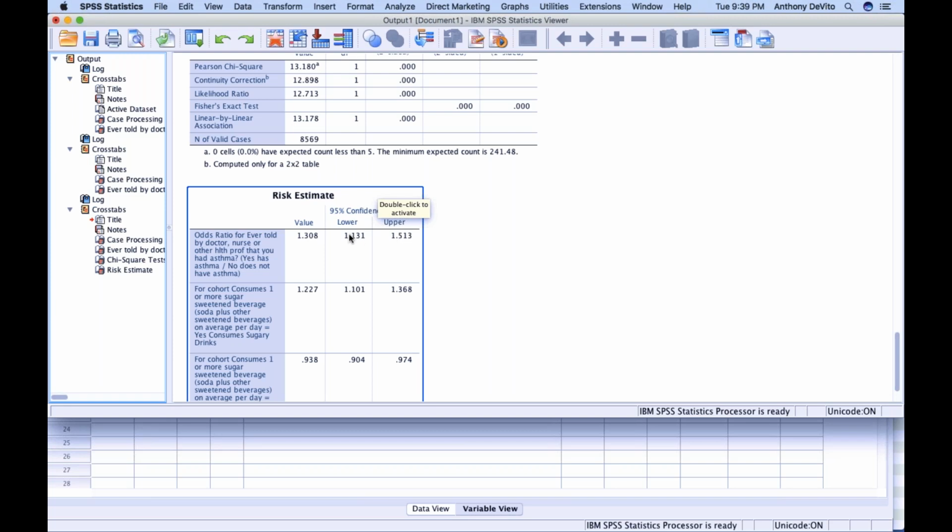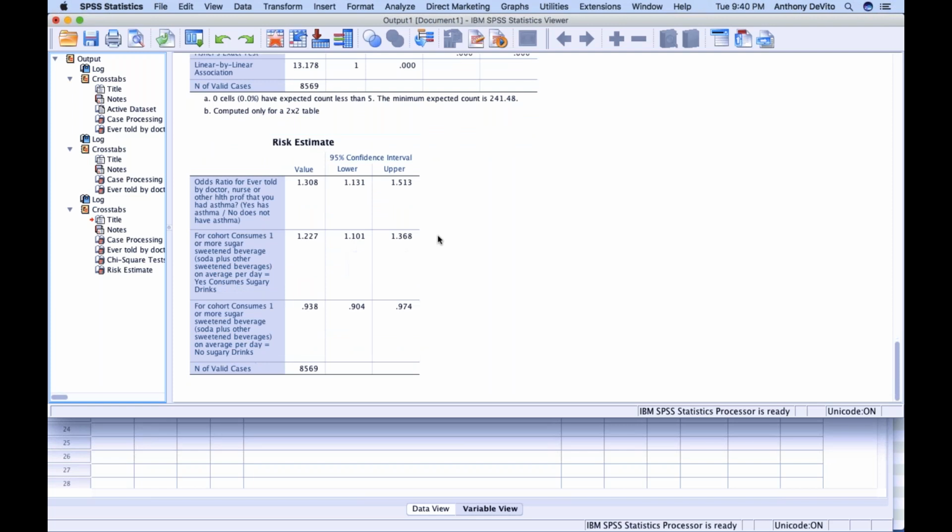So that means that we're 95% sure that this is really different than 1. So we can reject the null hypothesis that the odds ratio is equal to 1 and accept the alternative hypothesis that it's not equal to 1. So both allow us to reject our null hypothesis and demonstrate an association here.